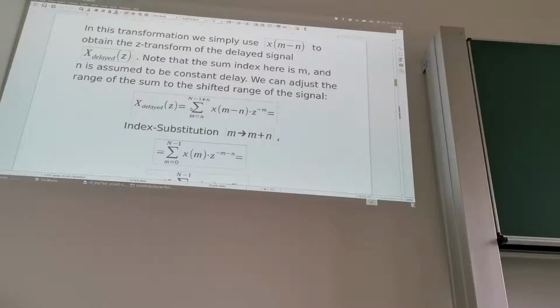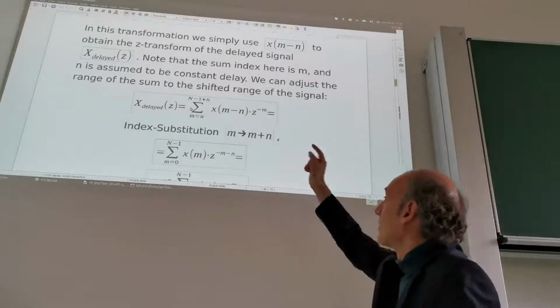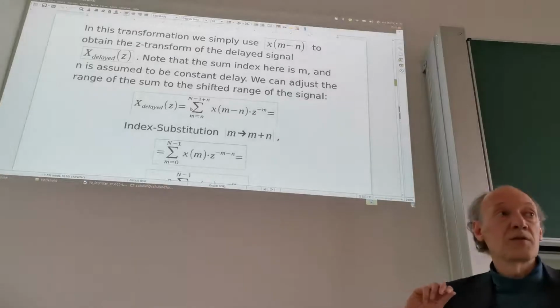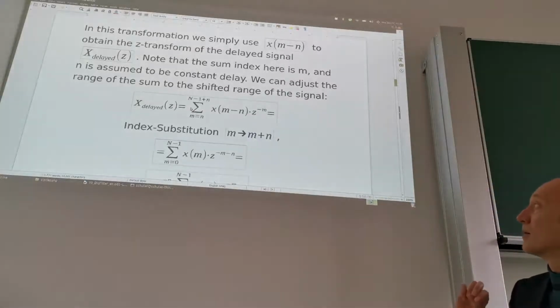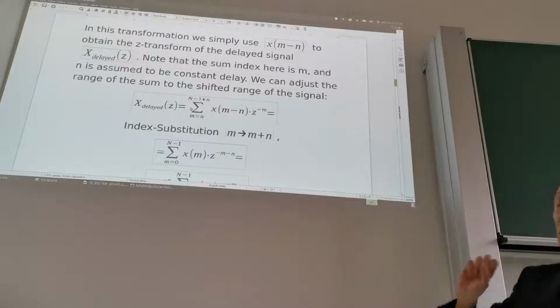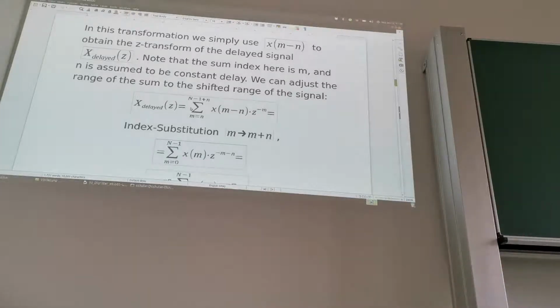So here's the z transform of our delayed signal. You can see here the sum, then you have the shifted or delayed signal x of m minus n, where m is our sum index, and then z to the minus m for each of those samples. Make sense?